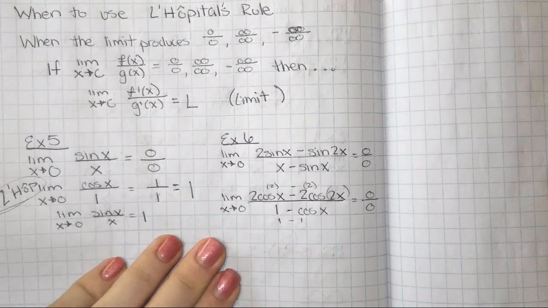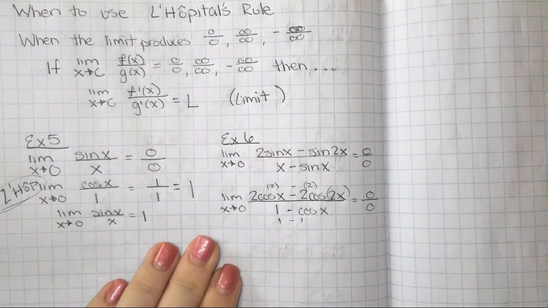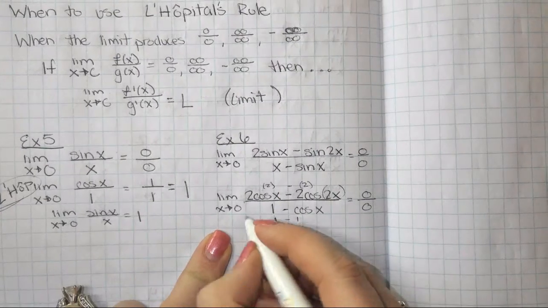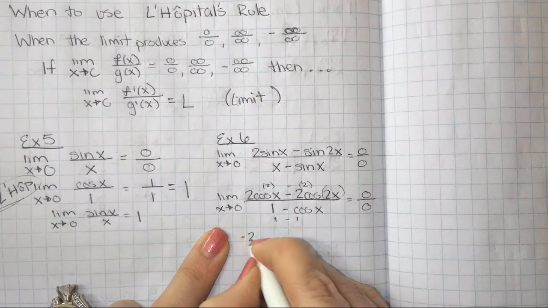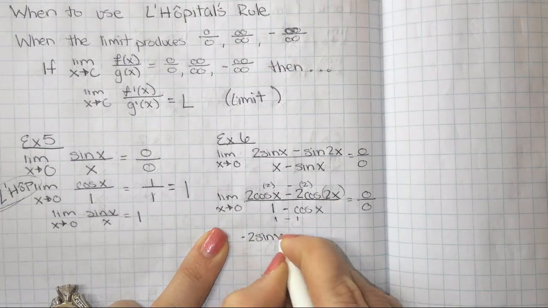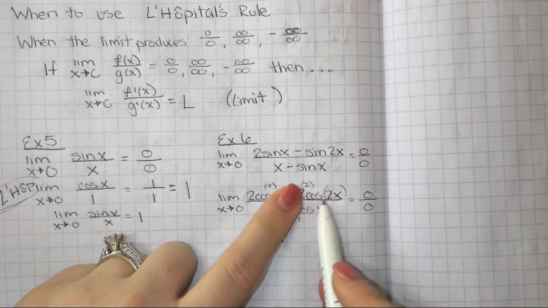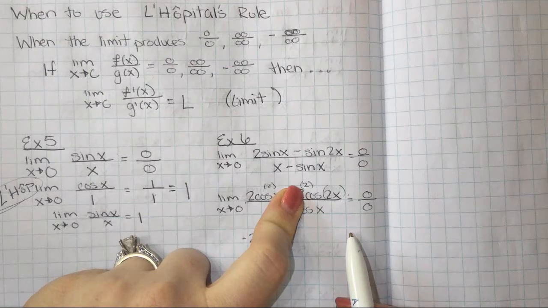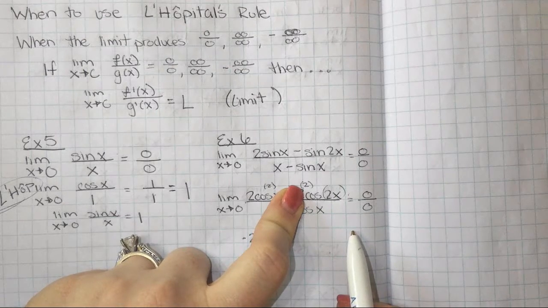We're going to use L'Hopital's rule again. So let's see, hopefully it helps us, maybe it won't. So, what is the derivative of cosine? Negative sine, so negative 2 sine x. Okay, here we go. Derivative of cosine 2x is going to be... Oh, it's a negative sign.